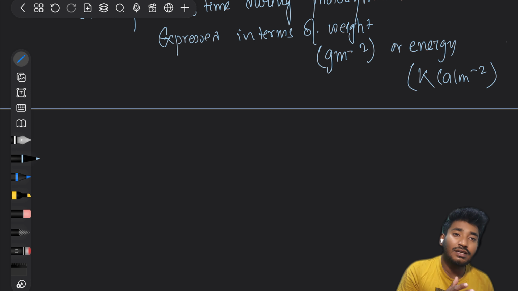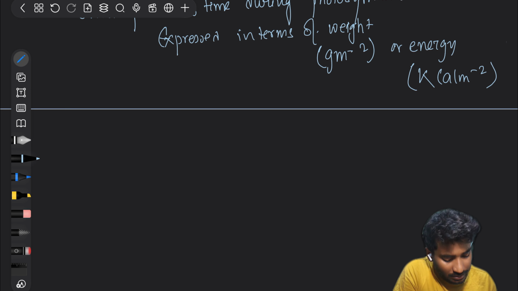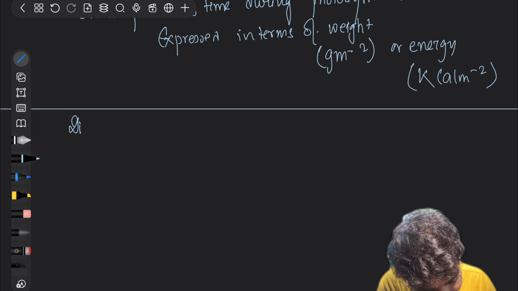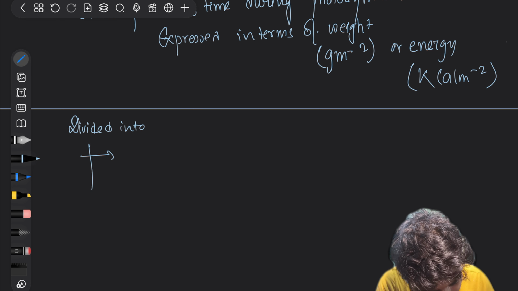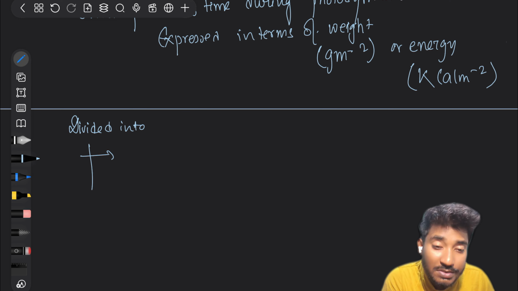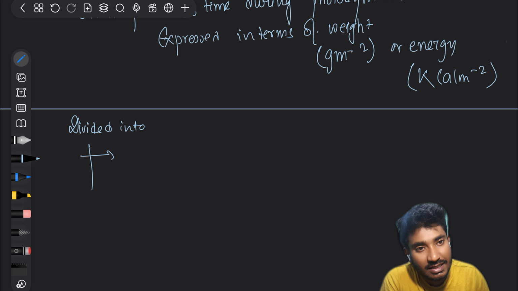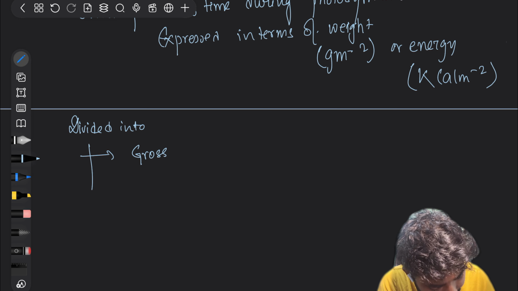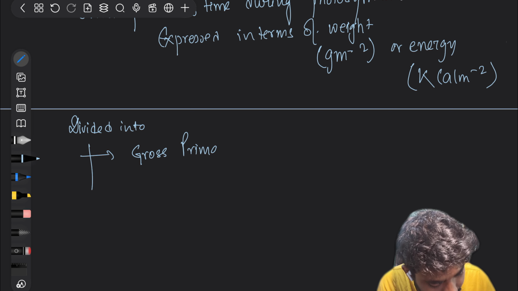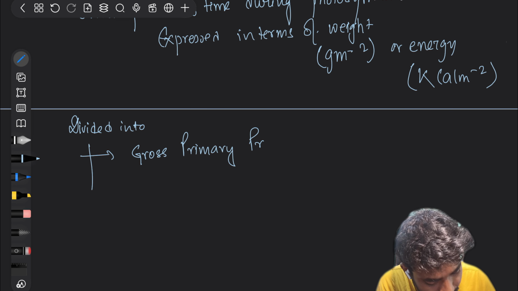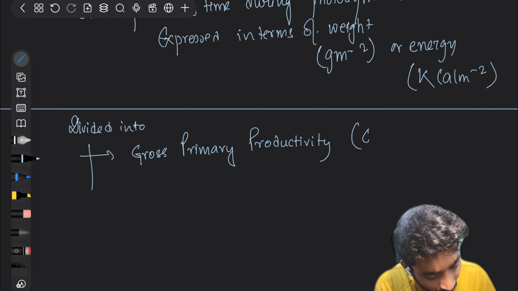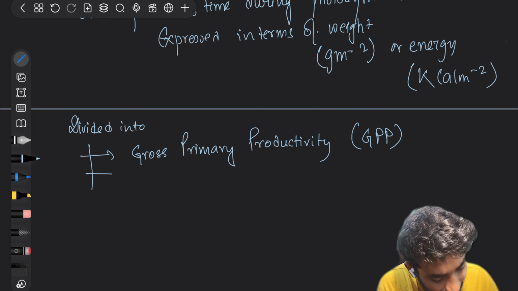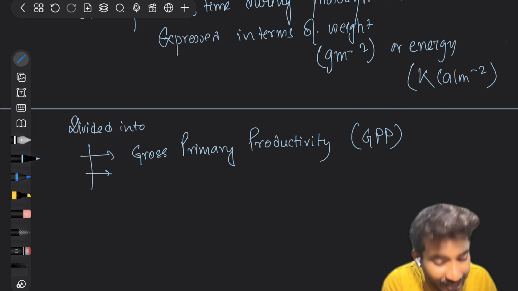It can further be classified into these categories. One is gross primary productivity, which we call GPP.